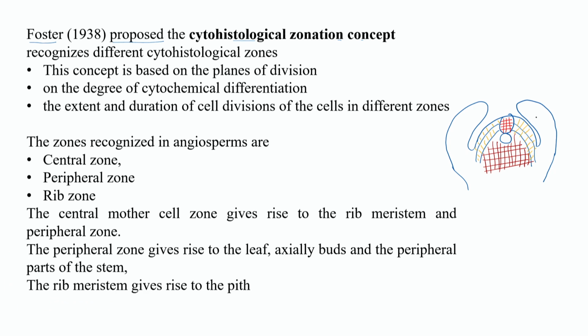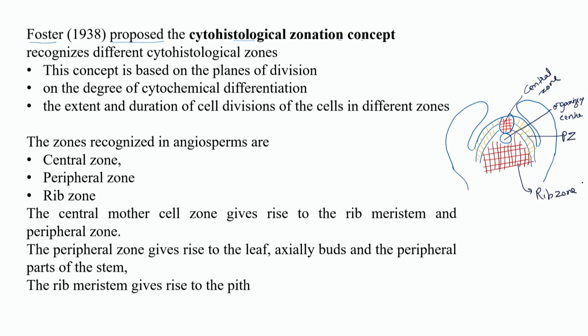According to this concept, in the shoot apical meristem, we can identify the central zone, and then we can have the organizing center, and then the peripheral zone, and this is the rib zone.